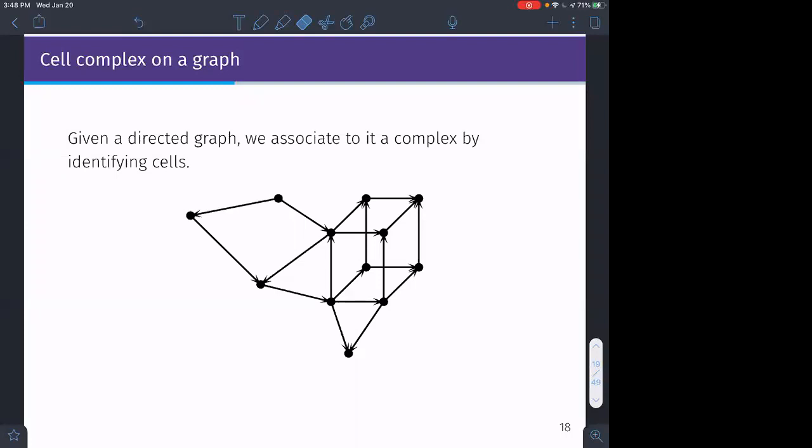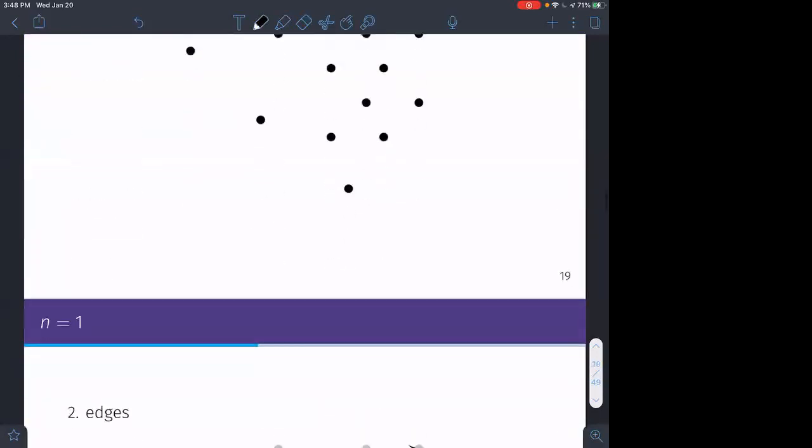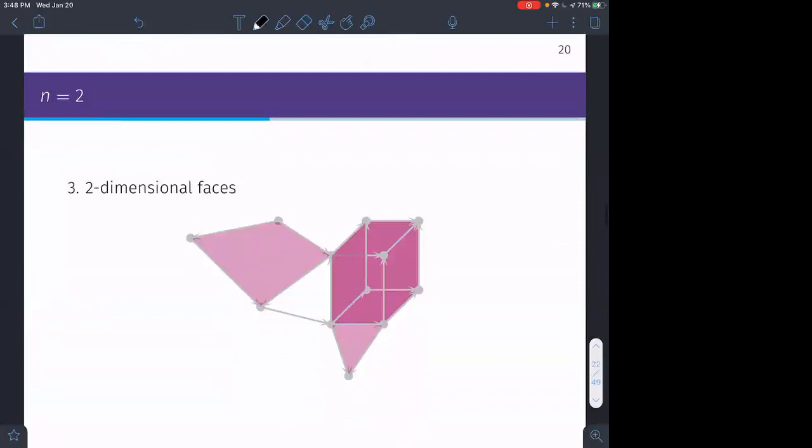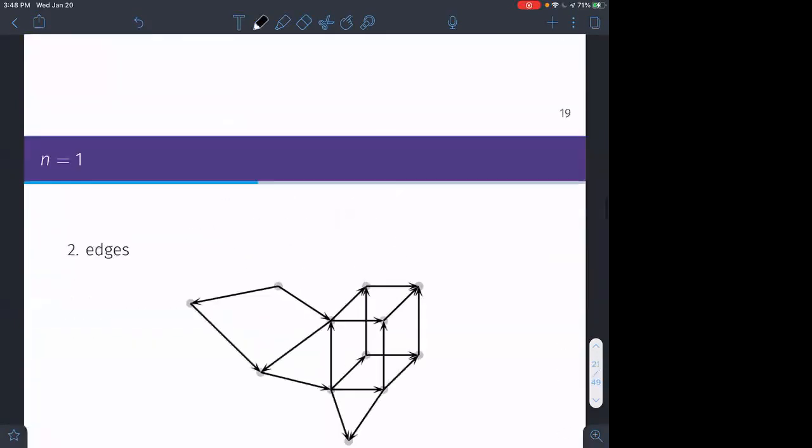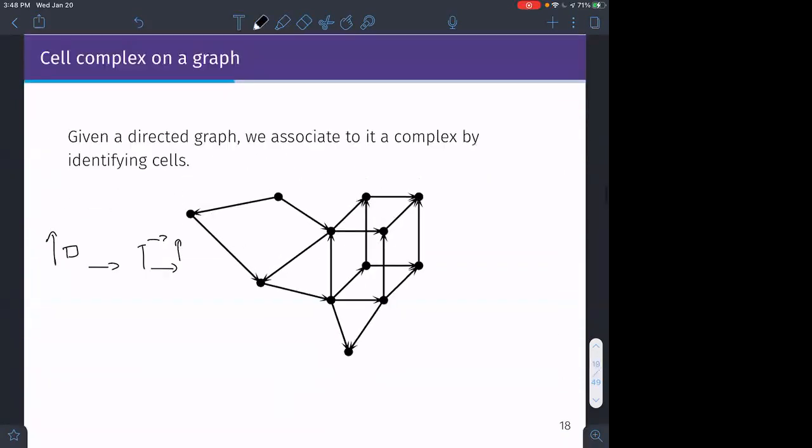I see. Right. So a one-cell is this, another one-cell is this, and if I do the product, I get this square. But the complex itself has these squares as its two-cells. So I wouldn't do the product of square by square that are here. I would have some kind of library of what kinds of things are cells.